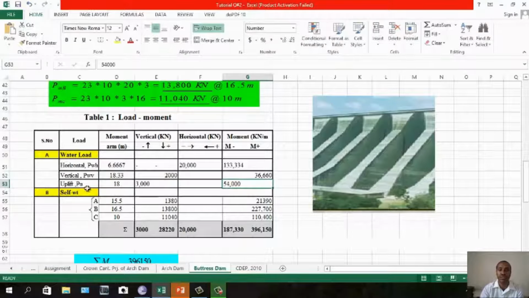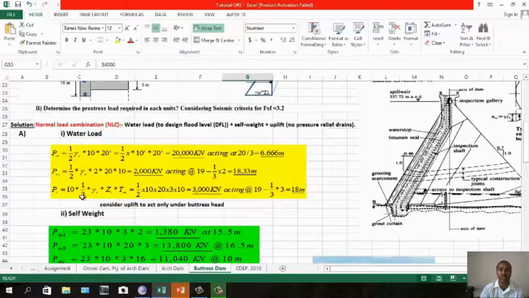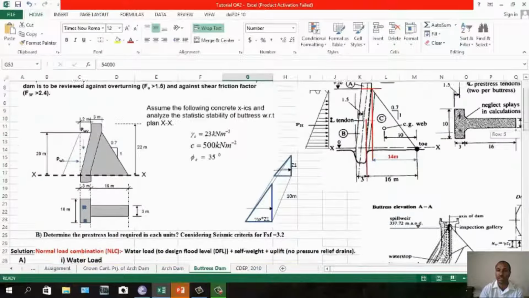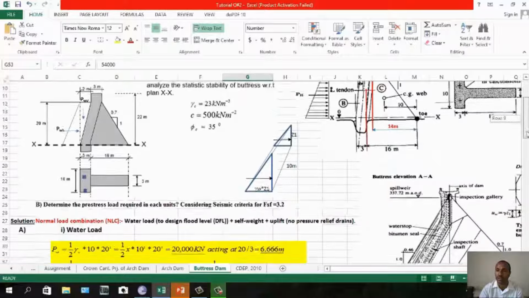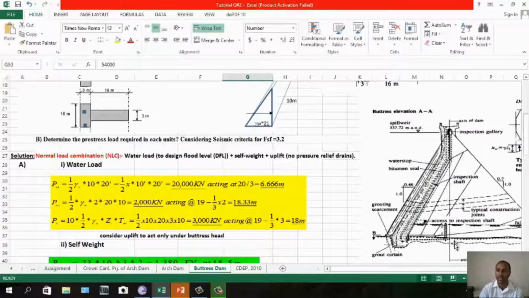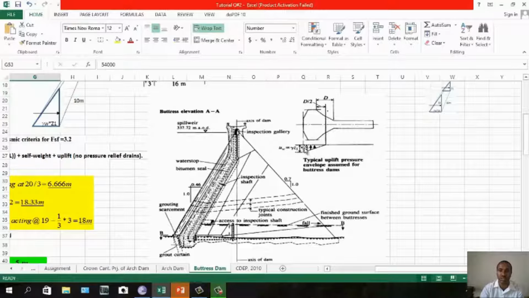Similarly, uplift, I think it is insignificant, but you can calculate. Uplift again, you can calculate 10 times 1/2 gamma w z times ts. So 1/2, which is just this one, the buttress head. Uplift is distributed on the buttress head only. Gamma w times z1, you have this dimension, which is 3 meter, then the internal dimension in this direction, 10 meter.